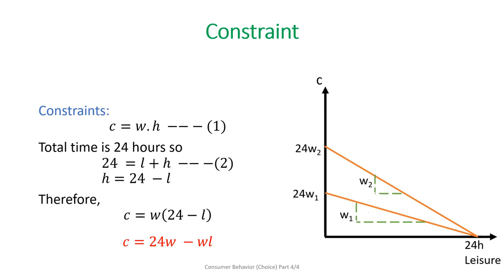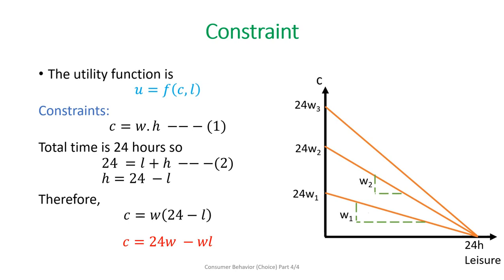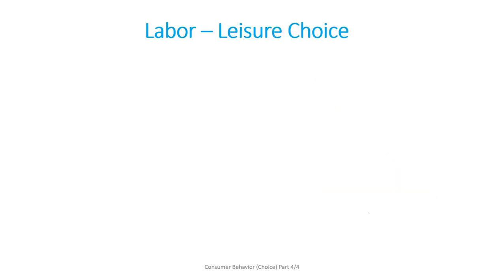Here we assume that utility is derived from consumption and leisure. Now, the preferences between leisure and consumption.